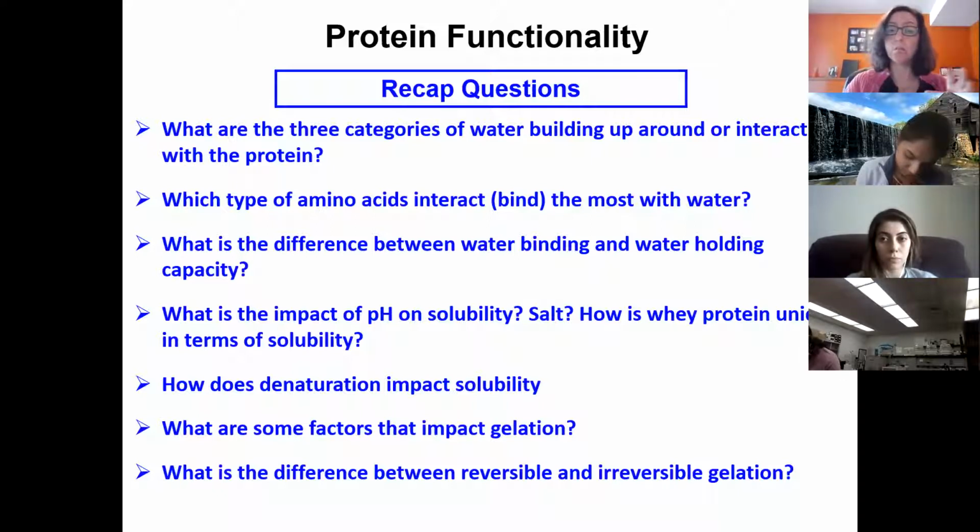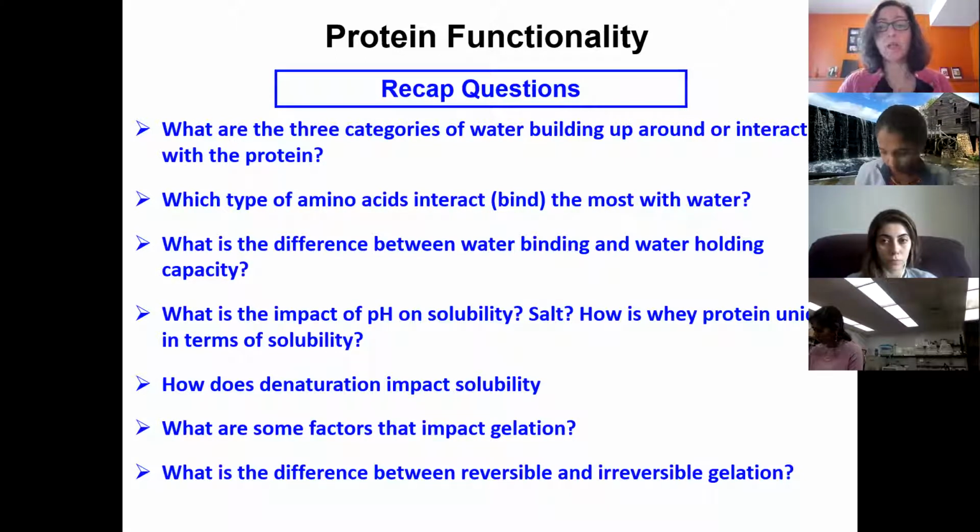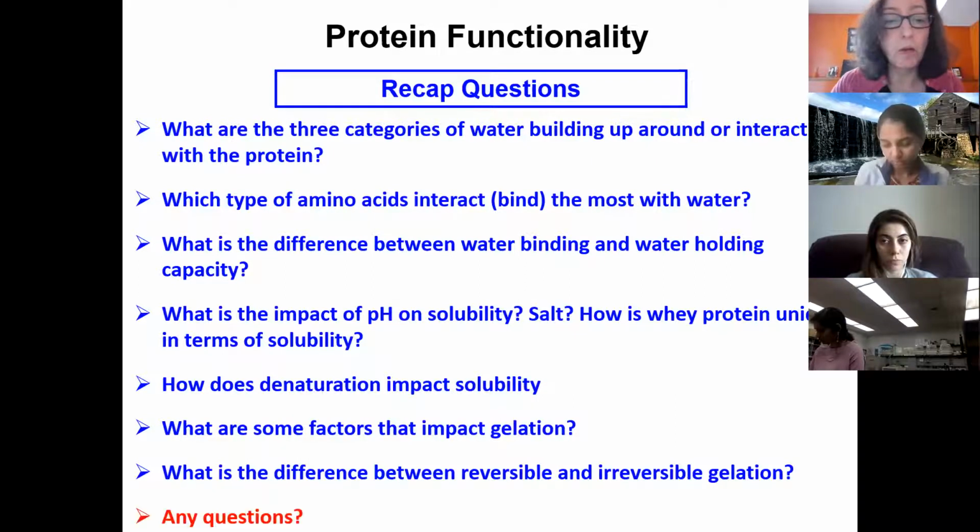Whereas when you have a gel mostly stabilized by hydrogen bonding, this could potentially be a reversible gel, like gelatin gel. You don't have high hydrophobicity, you don't have a lot of sulfhydryl interchange, it's mostly stabilized by hydrogen bonding, which answers the last question.